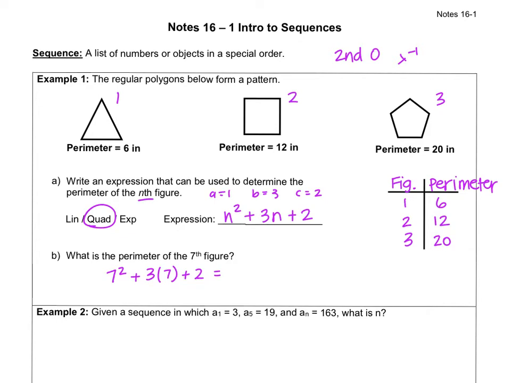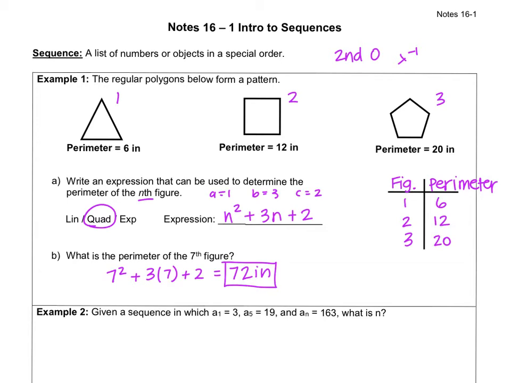So 7 squared plus 3 times 7 plus 2 is going to give me 72. And so the perimeter of the seventh figure would be 72. This formula gives me a really quick and easy way to find the perimeter without continuing the pattern over and over.